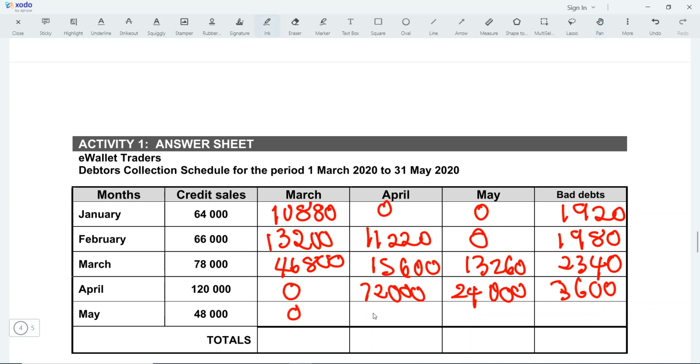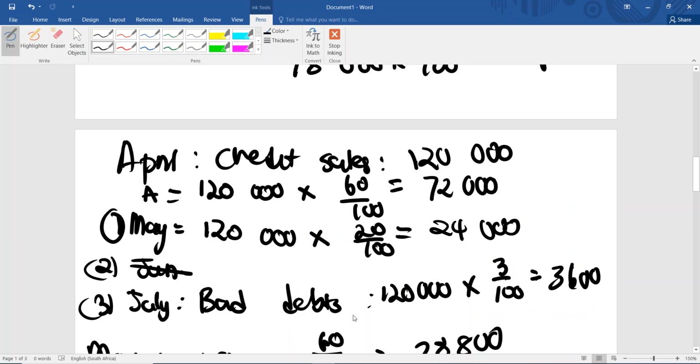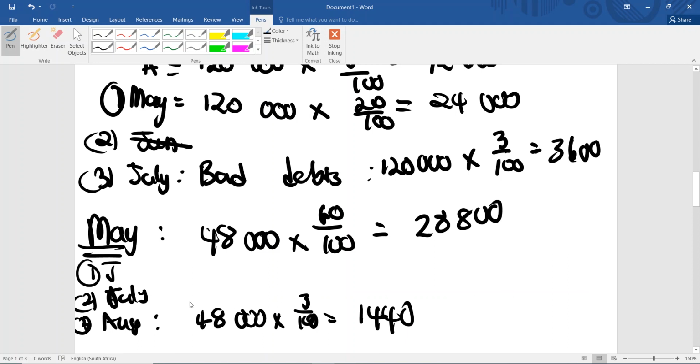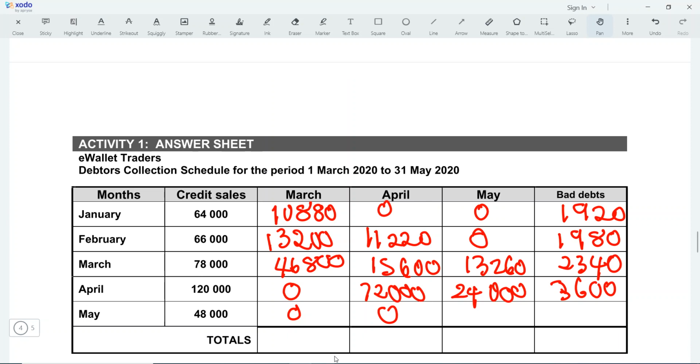Okay. And then after you are done with that, you go to May sales. Here you'll have nothing here also. And then you're going to start collecting in the same month. So for May, let's go to May sales. We're going to have first month 28,000. Same month 28,800 for May, right?